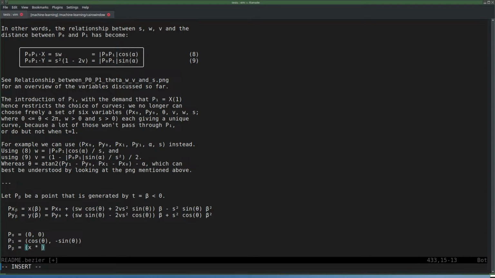X times cosine theta plus y times sine theta, comma, minus x times sine theta plus y times cosine theta.